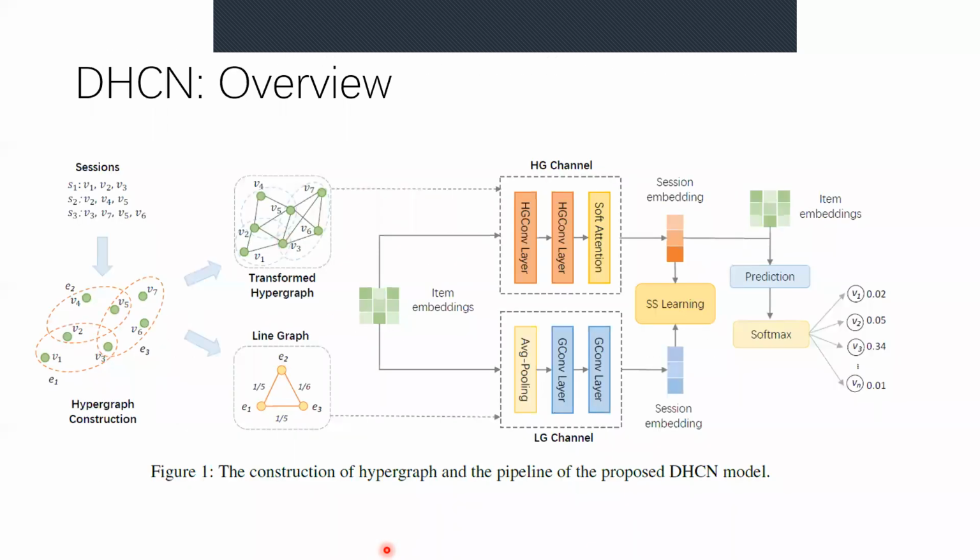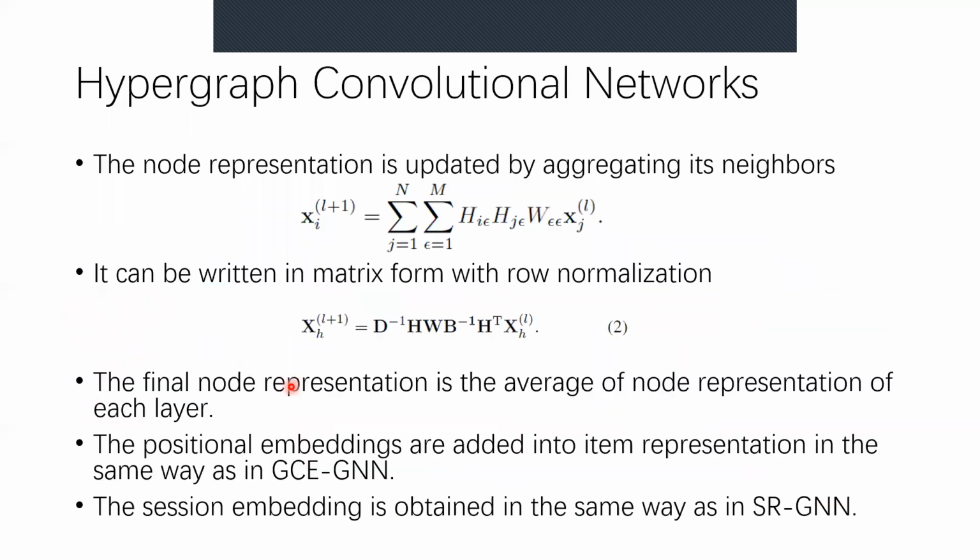And then we're going to look at how they do the self-supervised learning. So we know that they have the line graph, and each node in the line graph represents a session. Each two nodes are connected if these two sessions share the same items. So the edge represents the similarity between sessions.